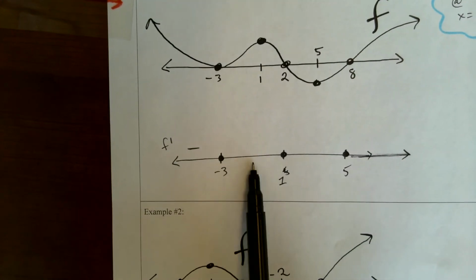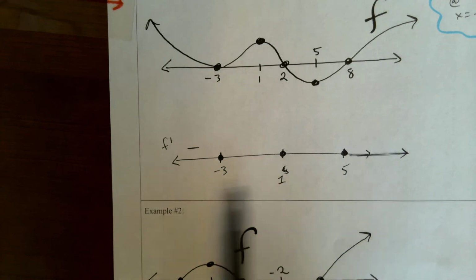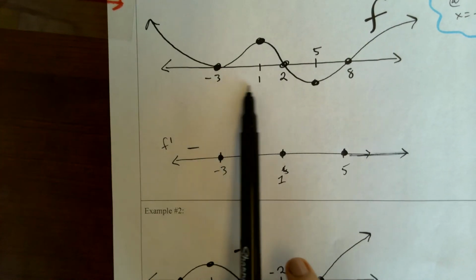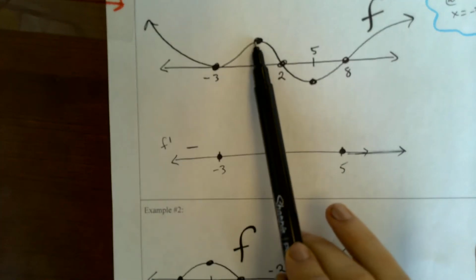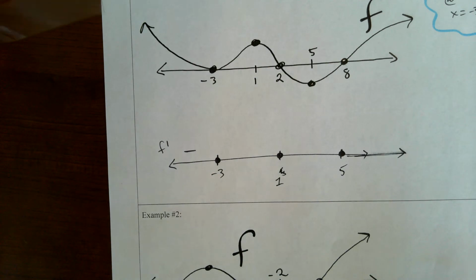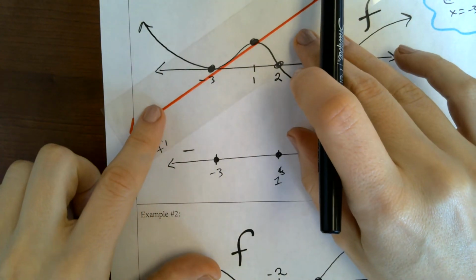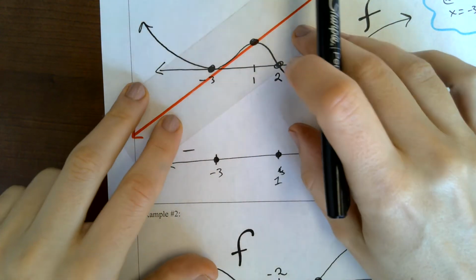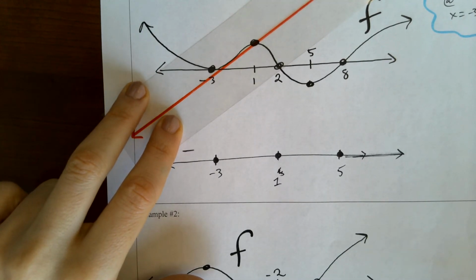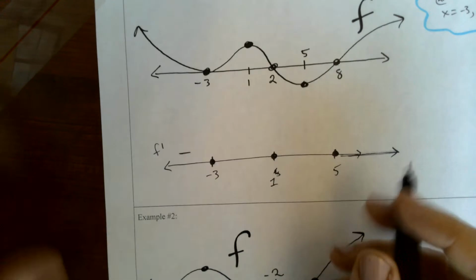Now between -3 and 1, on this stretch of f, you're going to take your tangent line, put it anywhere, and ask, is the slope of that tangent line positive or negative? This time it is positive.